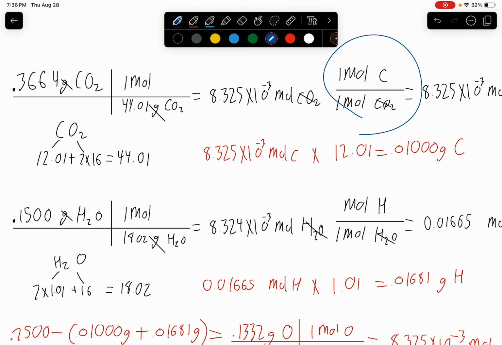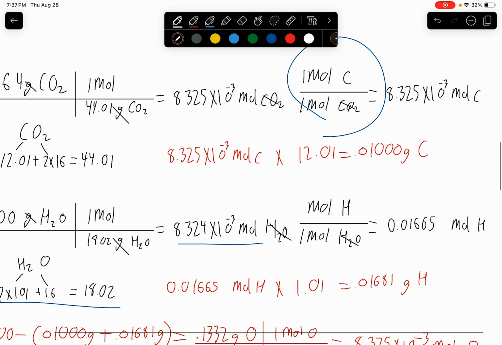We take 0.15 grams of water and divide by the molar mass, which we found the same way. We get basically the same amount of moles for both of them.